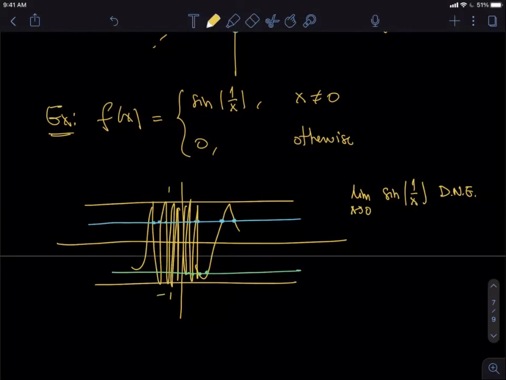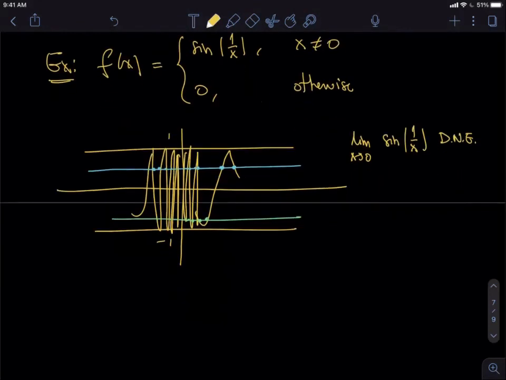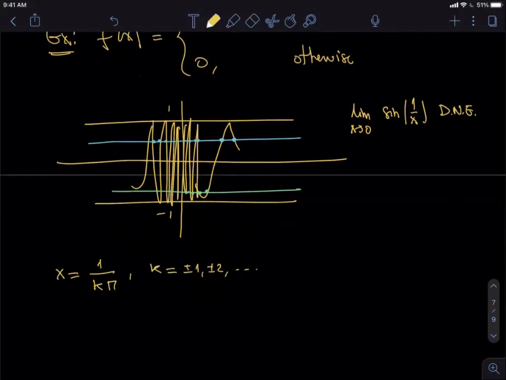For instance, just to make it more precise, we could take the sequence x equals 1 over k pi, where k is plus or minus 1, plus or minus 2, and so on, the integers. In this case, when I plug that value in, what I get is the sine of k pi.